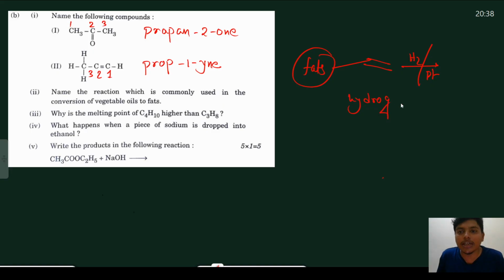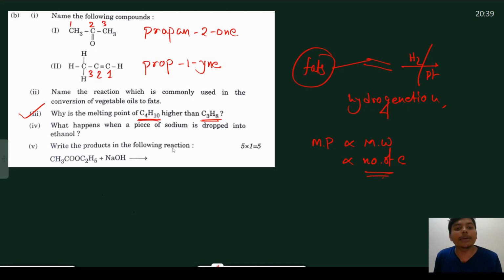Next question: why is the melting point of C4H10 more than C3H8? Melting point is directly proportional to molecular weight, and to the number of carbons in organic compounds. So C4H10 has a higher number of carbons, and that's why it has a higher melting point.